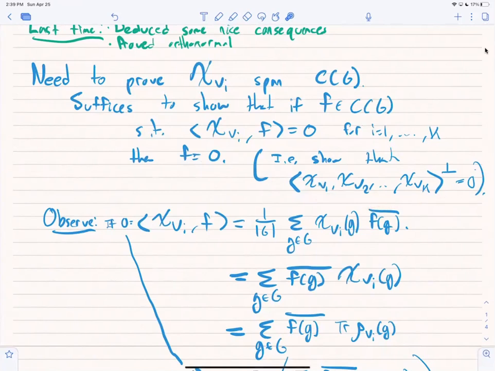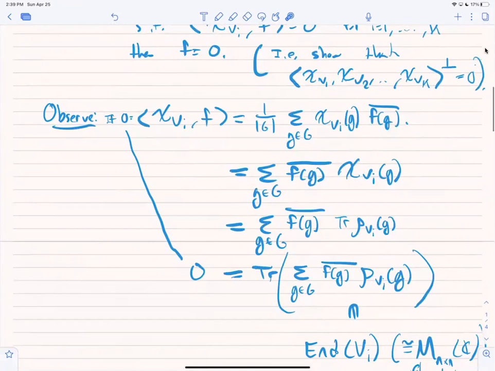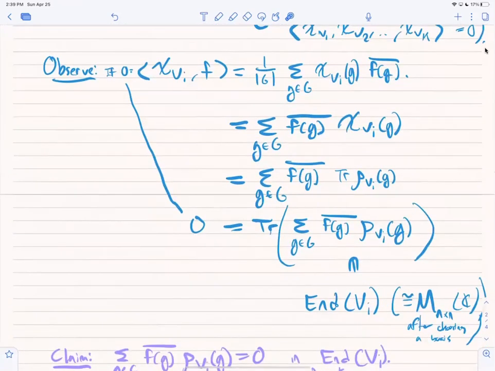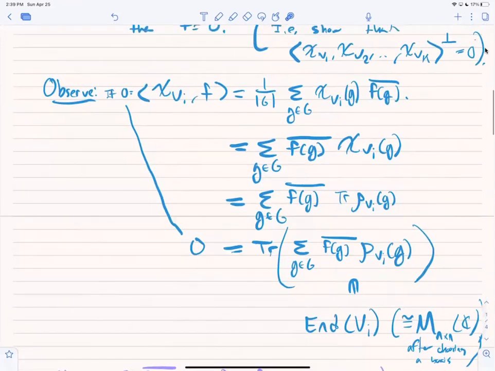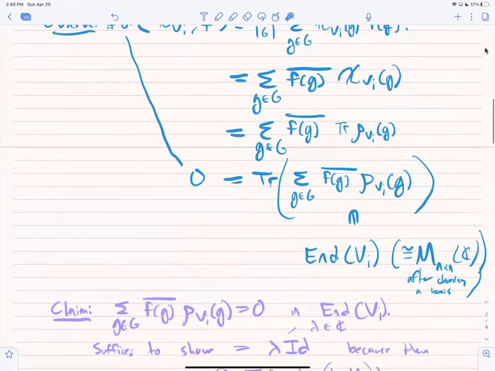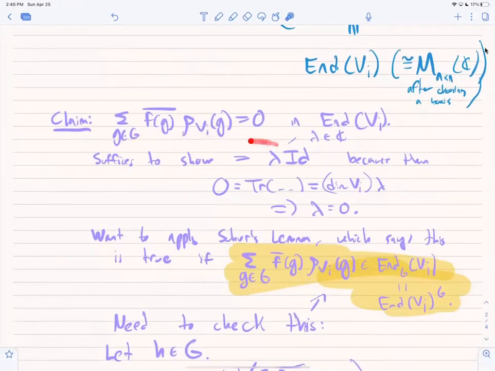So we take some f that's in the orthogonal complement of all these. From the identity that this inner product is 0, we get that the trace of this matrix living in the endomorphisms of this irreducible representation is 0. But we can bootstrap that up to show the whole endomorphism is 0.